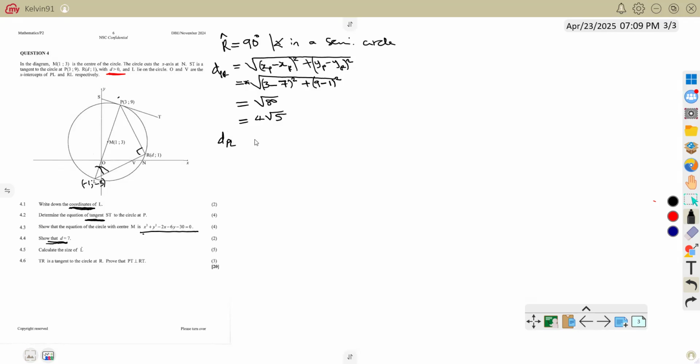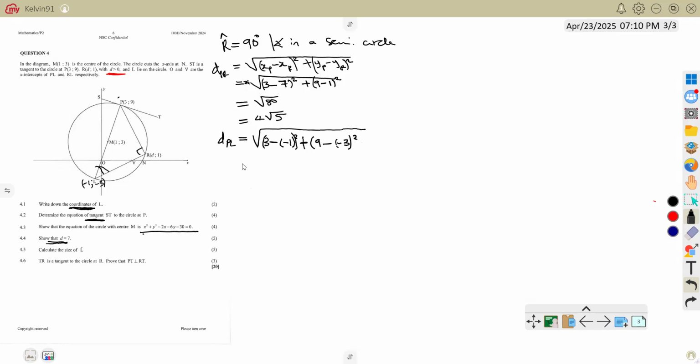So if we are to calculate the length of PL, that will be equal to square root of, the x at P is 3 minus the x at L, which is minus 1, then squared, plus the y at P is 9 minus the y at L, which is 3, squared.